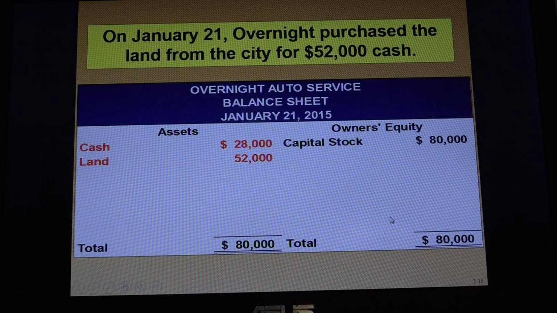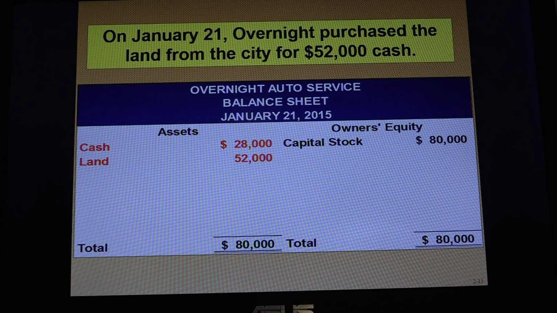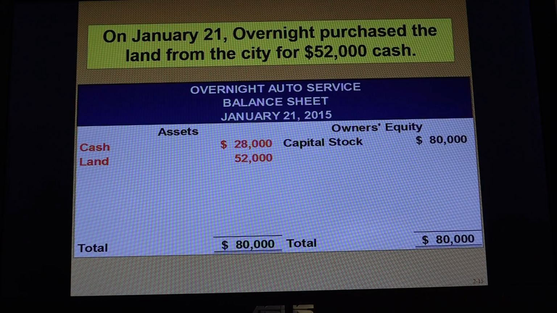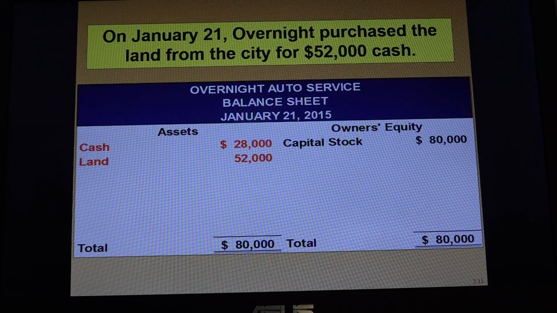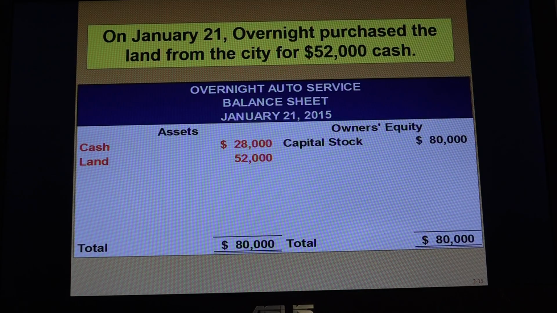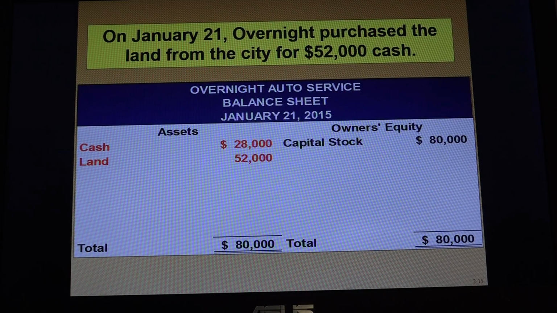Now here on January 21, Overnight purchased land from the city for $52,000 cash. Okay, so when you have a transaction, you need to ask yourself, number one, after a while this will come second nature, but right now you need to ask, does this economic event affect the accounting equation?